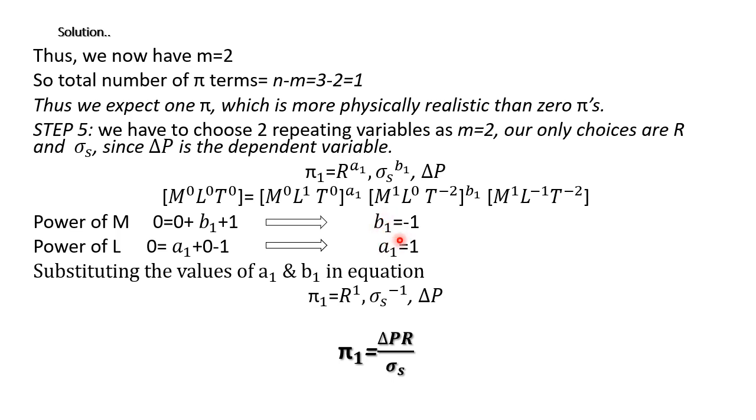Let us substitute these a1 and b1 in the equation. So pi 1 is equal to r to the power a1, r^1. Next, sigma to the power b1, b1 is minus 1, so sigma^-1 delta p. So pi 1 is equal to delta p into r divided by sigma s. This is the pi term that I got.